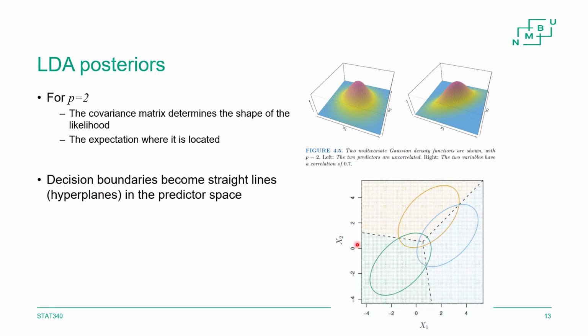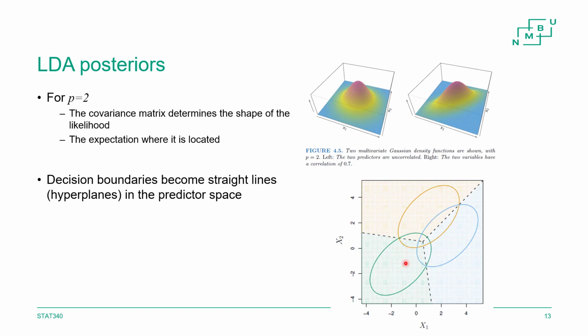So here we can see another drawing from that book where we also have two predictors, and now we see it sort of from above. So you can think of this as these contour lines, right? So here we have three mountains now, right? A yellow, a blue, and a green. And we have drawn only one contour line for each one of them because they all have the same shape, right?